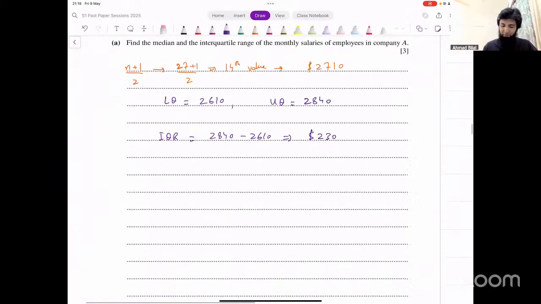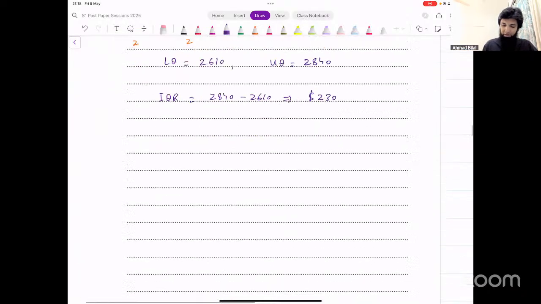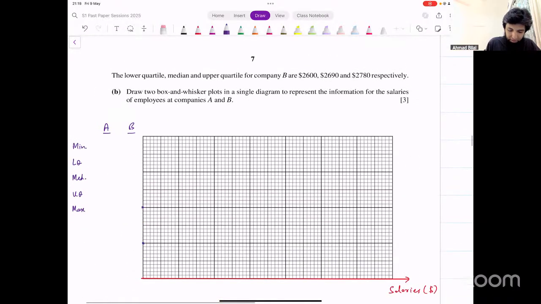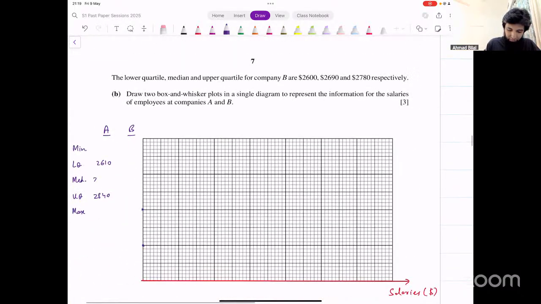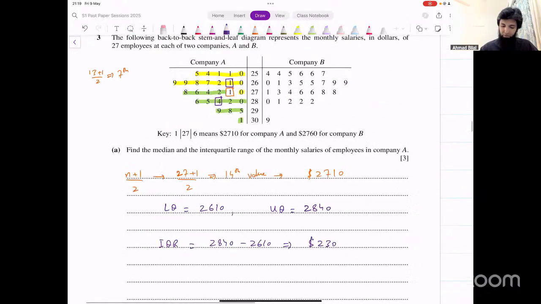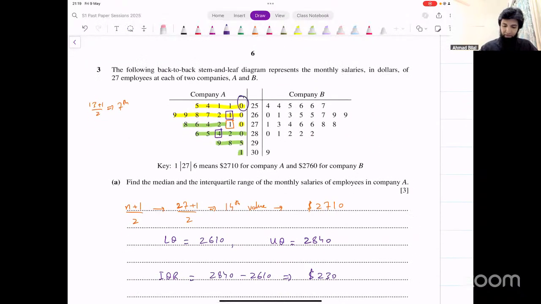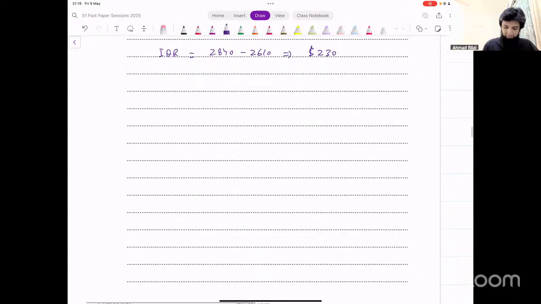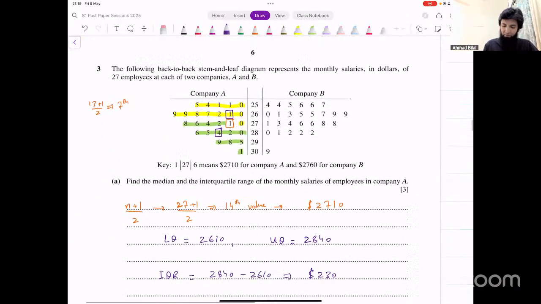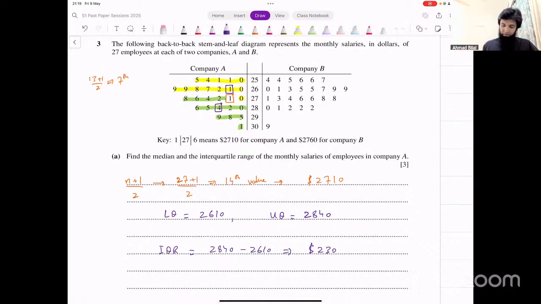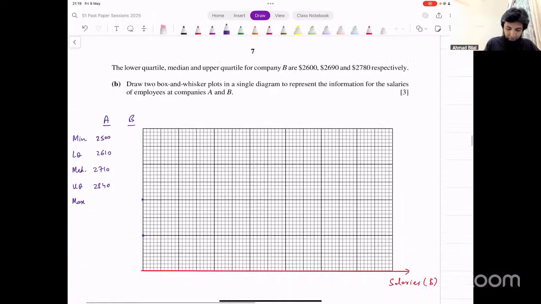First of all, we found the lower quartile, that's 2610. Let's write that down here. Upper quartile, that was 2840. Median was 2710. In the data, the lowest value was this 2500, and the maximum value was 3010 for A.